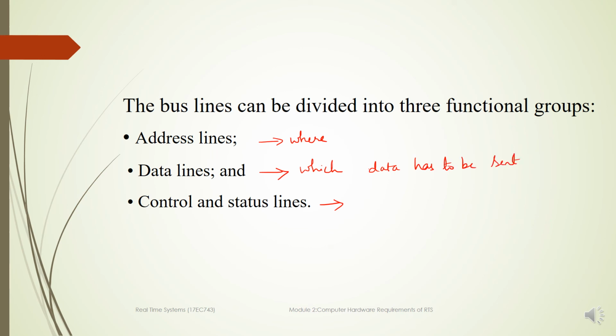And control and status lines will represent when data has to be sent. So these are the various bus lines which come under the functional groups.